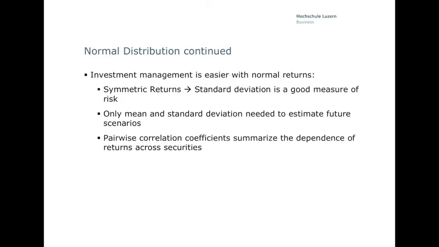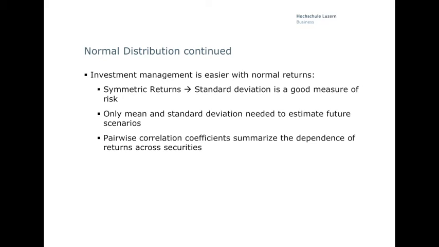What are the implications of normal distributions? Investment management is far more tractable when rates of returns can be well approximated by the normal distribution. First, the normal distribution is symmetric. The probability of any positive deviation above the mean is equal to that of a negative deviation of the same magnitude.